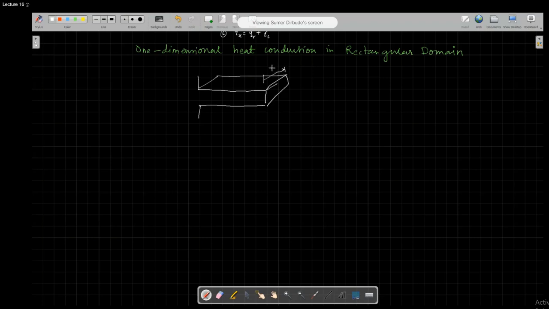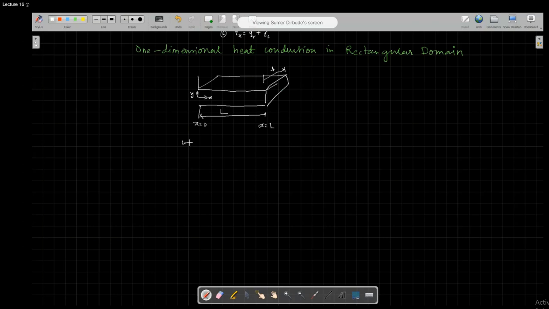So this is a unit depth and this is a length L, capital L. This is x equals 0 and x equals L. Okay.